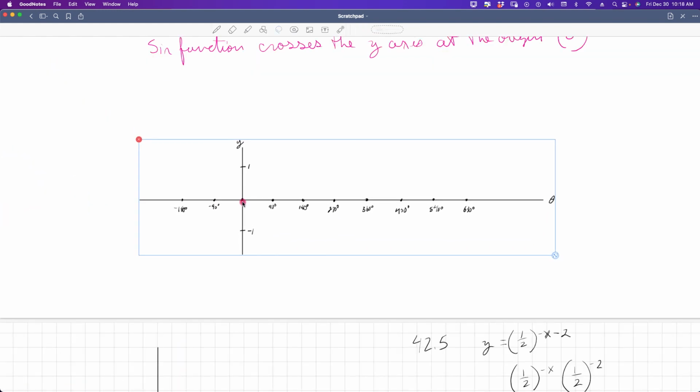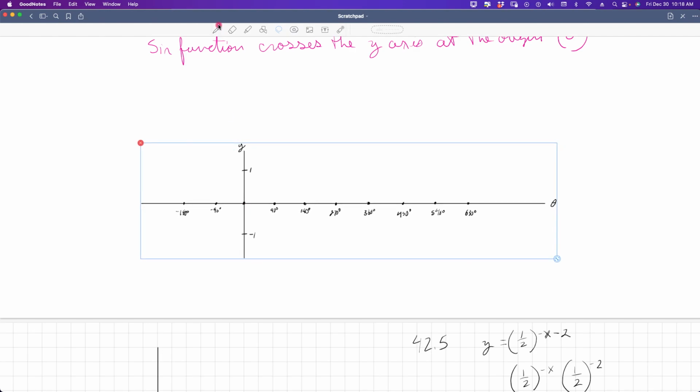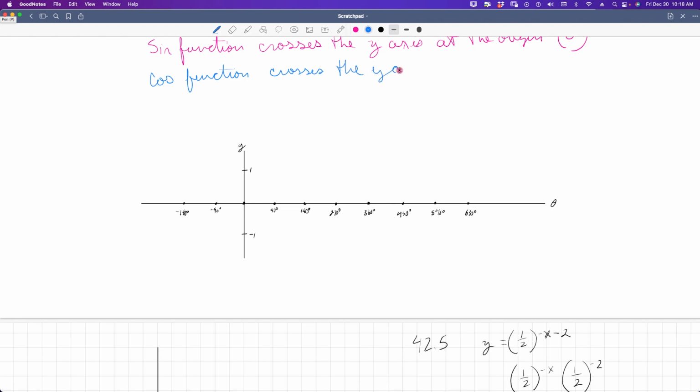All right. So a cosine function, here's the difference. Cosine function crosses the y-axis at the amplitude.